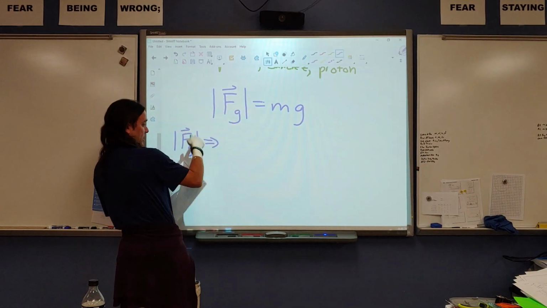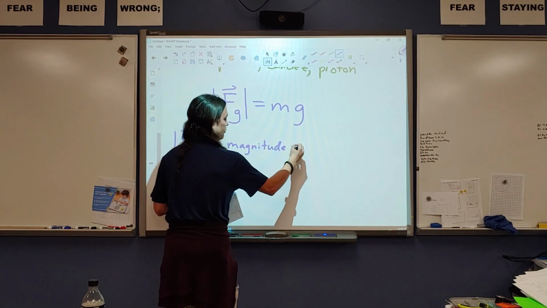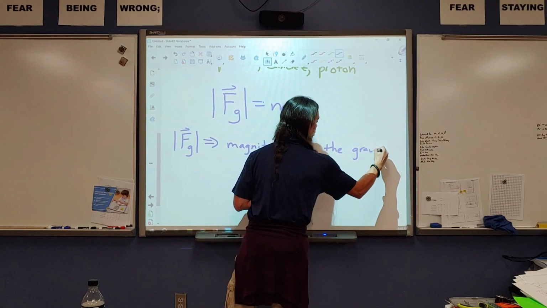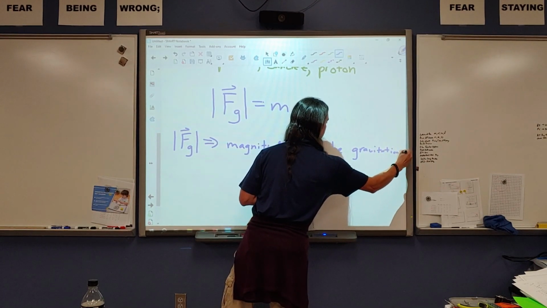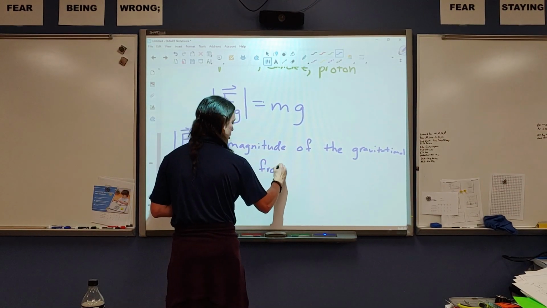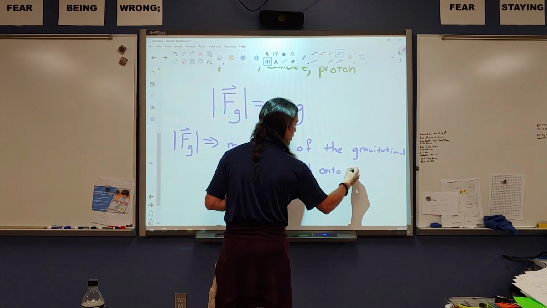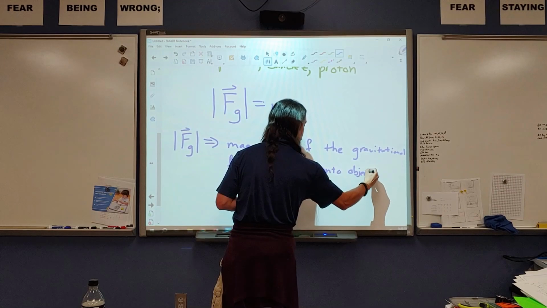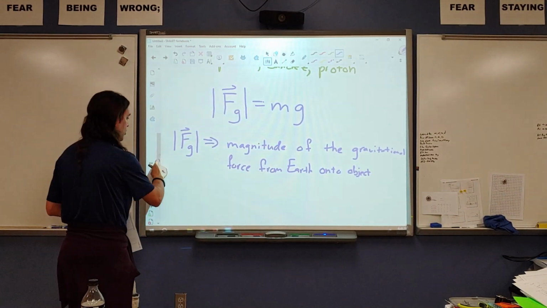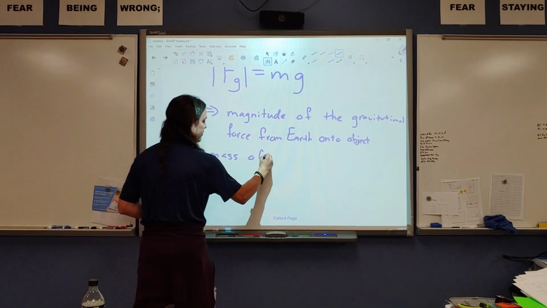F sub g with the absolute value signs is the magnitude of the gravitational force from usually the Earth for our viewpoint onto the object, whatever object you're looking at. Okay, the mass. This is the mass of the object that you're looking at.